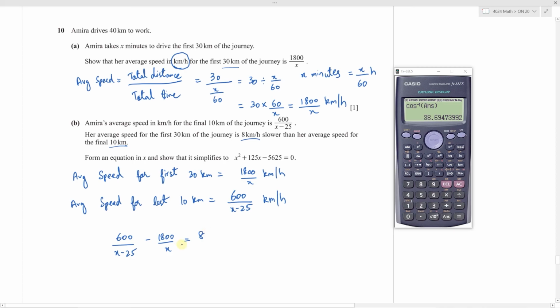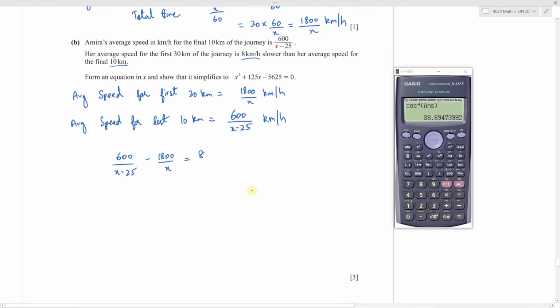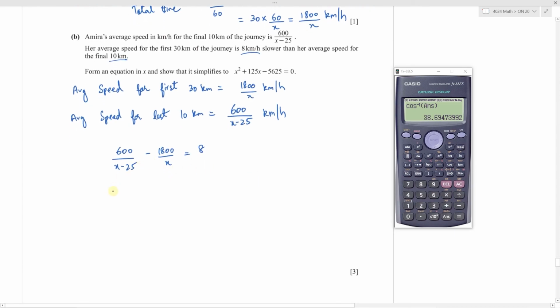Now let's try to simplify it and get this form. If I take the LCM here, this will be X times X minus 25. This denominator is multiplied by X, so this will be multiplied by X. This will become 600X minus 1800. And since this denominator is multiplied by X minus 25, this will be multiplied by X minus 25, equals 8.